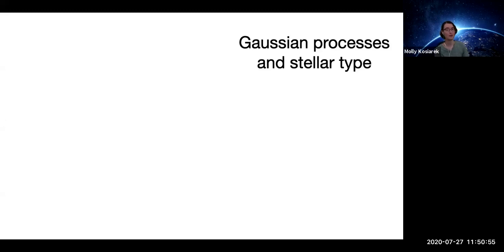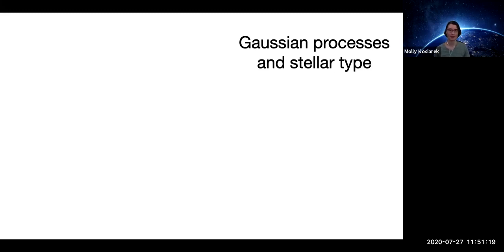Hotter stars have fewer spots on their surfaces. Therefore, this method might be less effective for hotter stars in general. HD10635 is an F-type star, so it's perhaps too hot for this method, which might have been why we didn't see the rotation signals in either data sets, and we didn't use a Gaussian process.